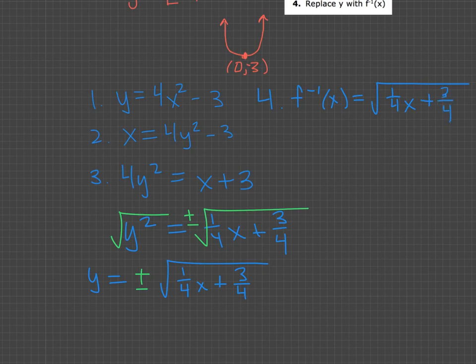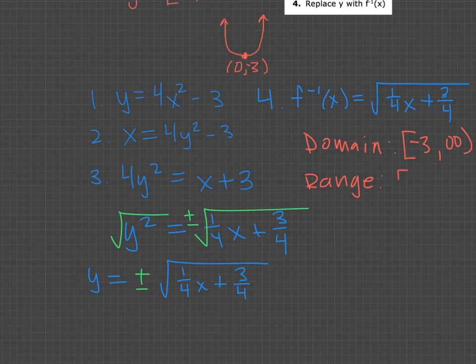Now we want to look at domain and range. So we know that the domain is just going to be what the range of the original function was. All right, so that is negative 3 to positive infinity. And the range is going to be the domain of the original function.